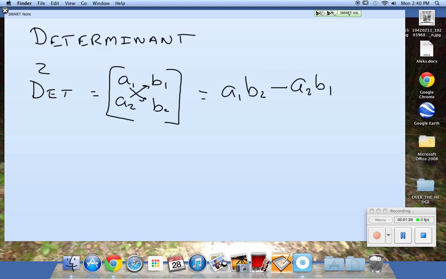And the number that we come up with then will be the determinant for this 2 by 2 matrix. That's pretty easy, right? You understand 2 by 2?